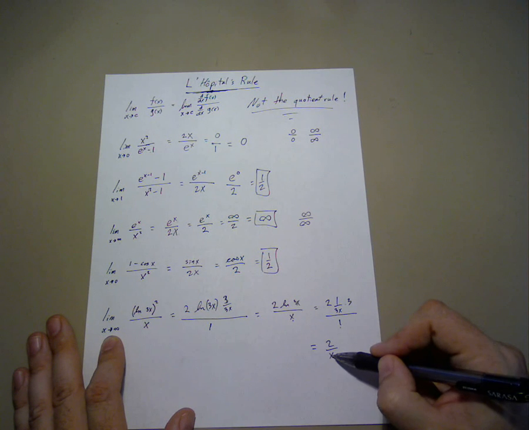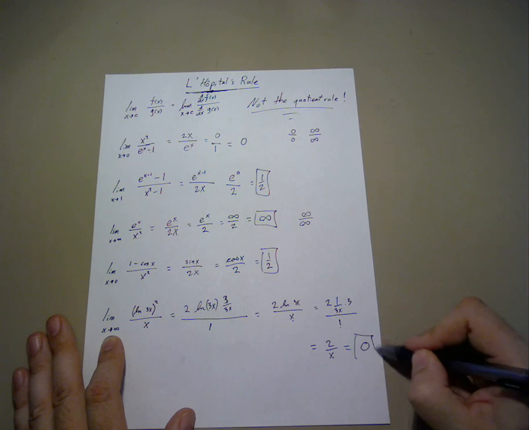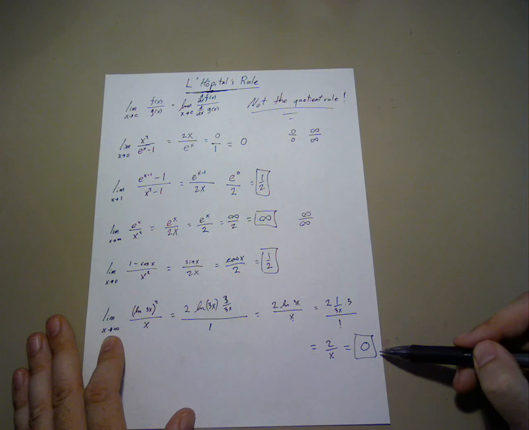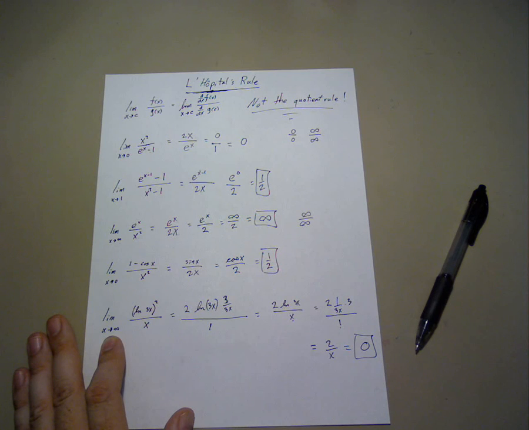As x goes towards infinity, the limit becomes 0. That's our correct answer. L'Hopital's rule is a powerful tool in evaluating limits, and in some ways it's too bad we have to learn derivatives first in order to evaluate these limits, because this is such a useful tool whenever you're dealing with limits. This is one of the most useful tools for limits.